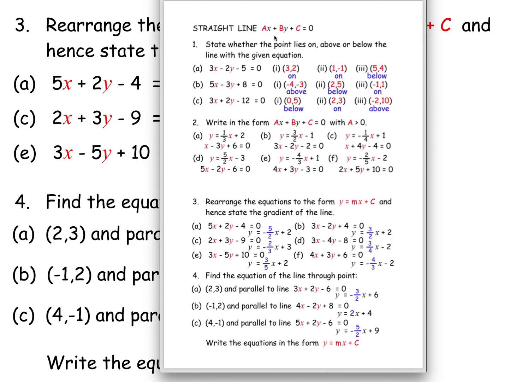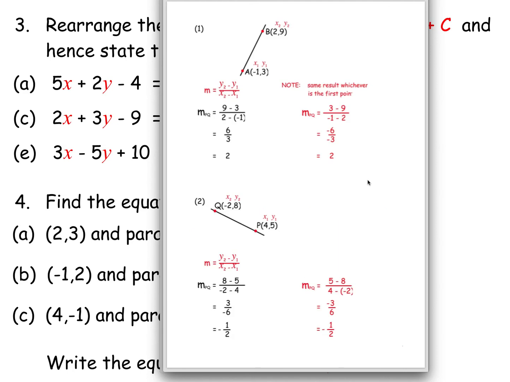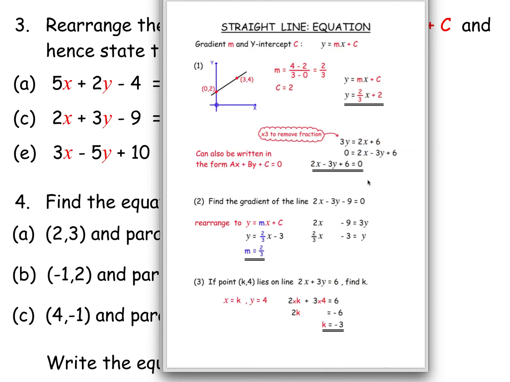So if you click the link in the description, you get access to that worksheet with the answers, and the set of notes is there, which covers all the videos in straight line. That's the gradient. That's the gradient as well. That's y equals mx plus c, and some rearrangement there that occurs in this video.